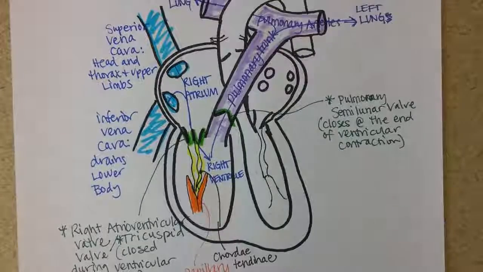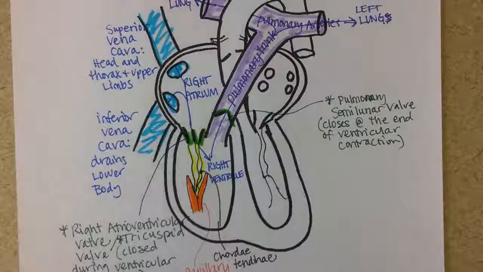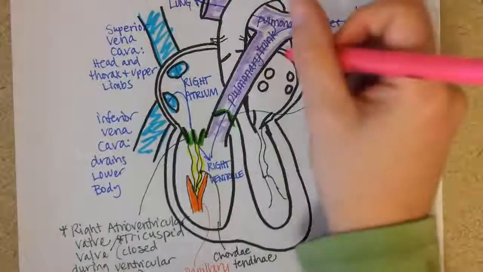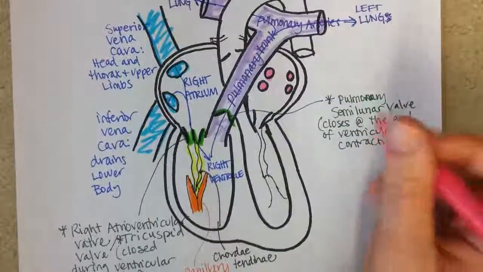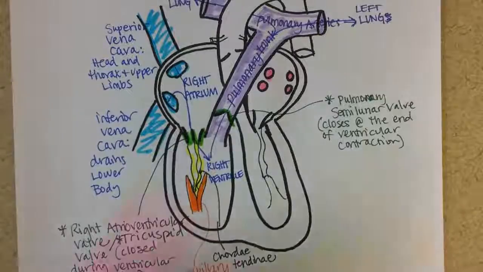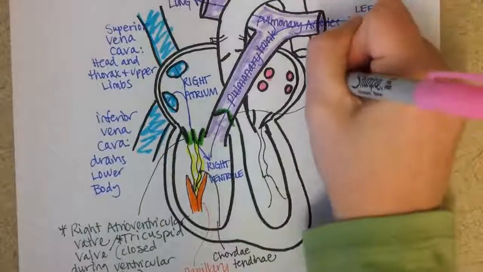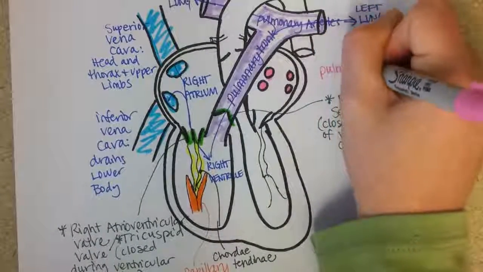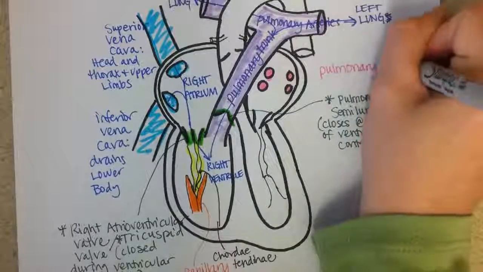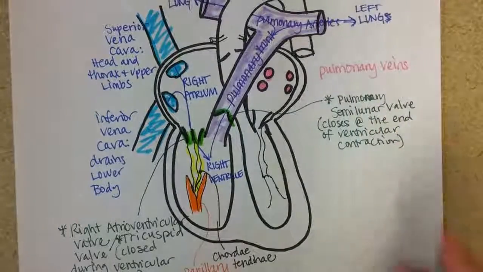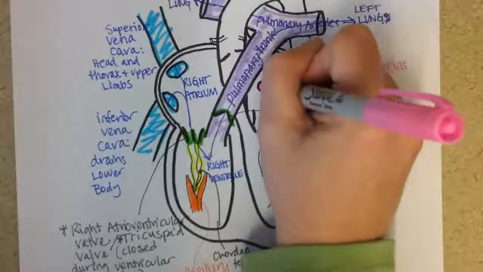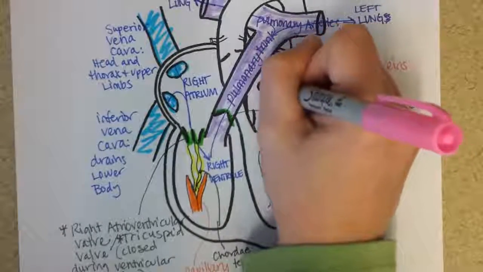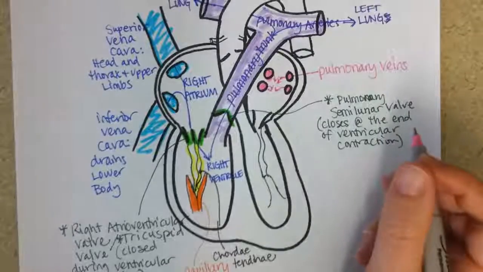So now we're going to switch over to a pink highlighter. Now that oxygenated blood returns via pulmonary veins from the right and left lung. So it's coming in from the right and left lung, and now this is oxygenated blood.